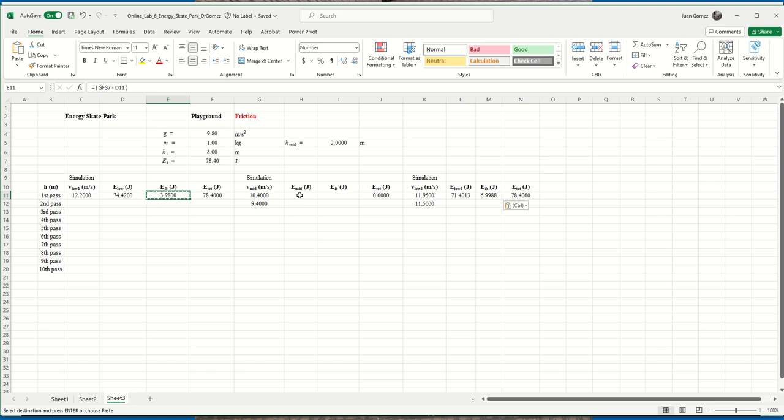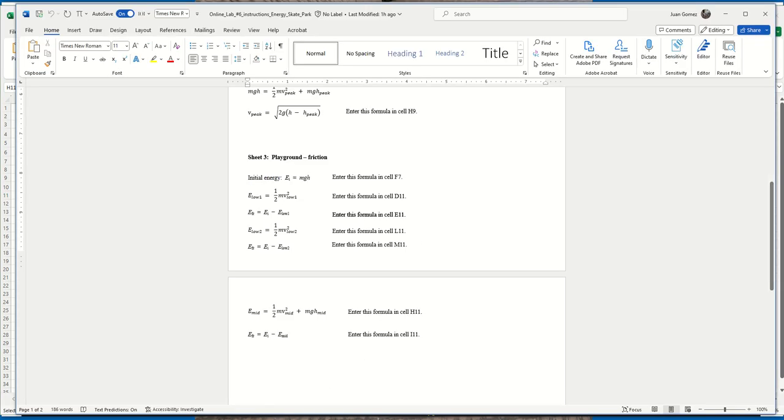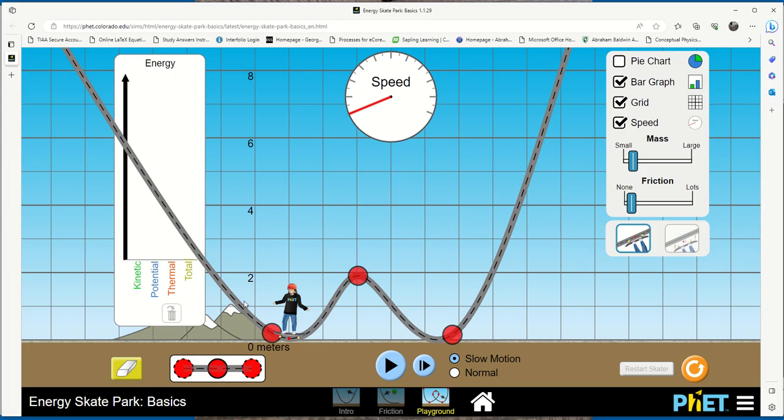Now, what about the energy at the midpoint? Well, remember, at the midpoint, it's moving. At the midpoint, you're above the reference point, and so you have potential energy, and the skateboarder's moving, so it has kinetic energy at the midpoint. So it's got potential because it's above the reference, and it's got kinetic because it's moving.